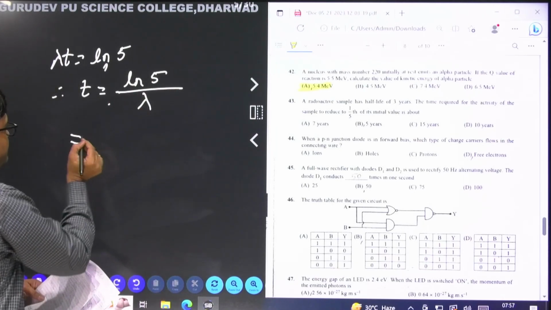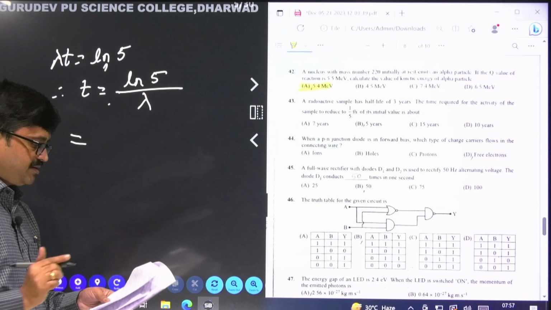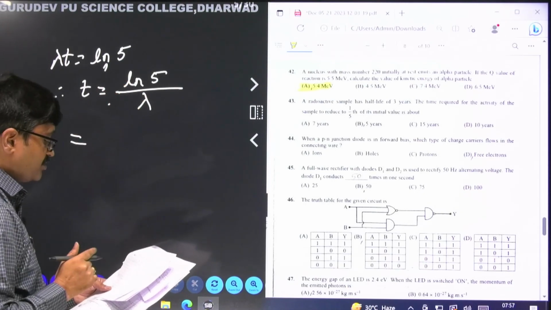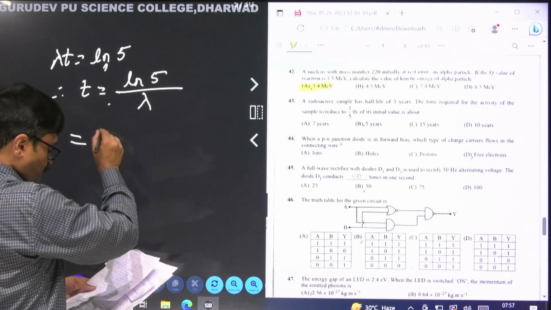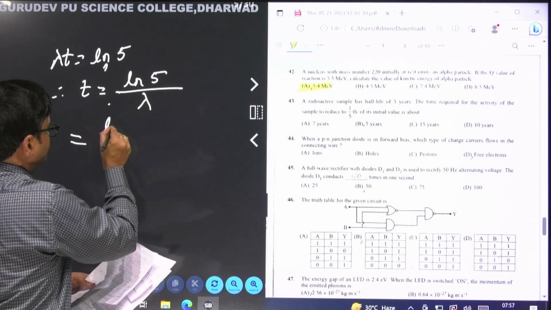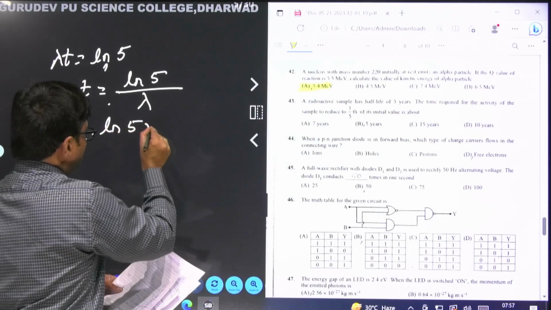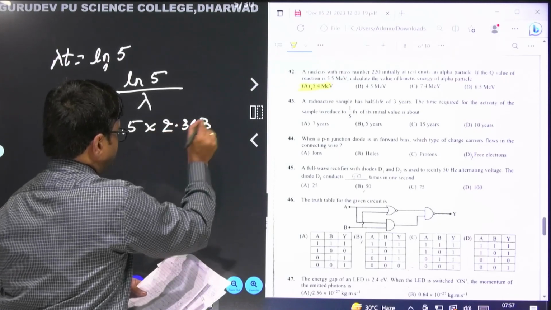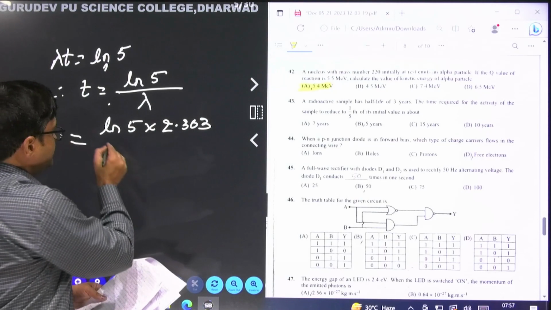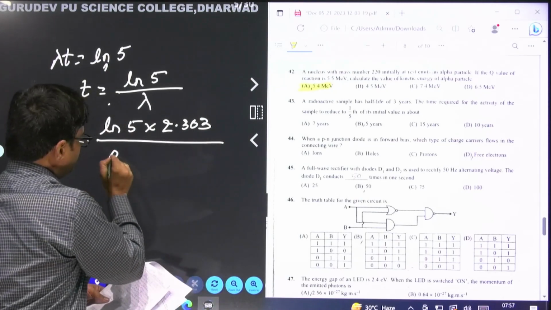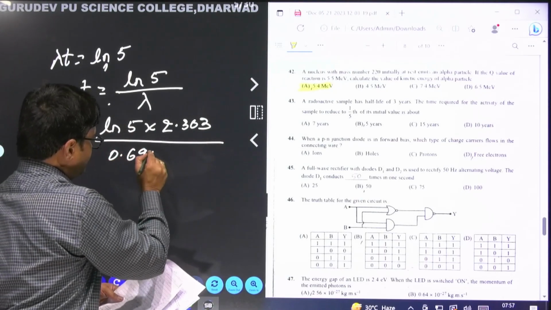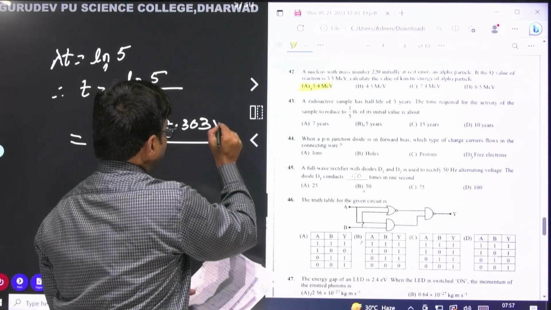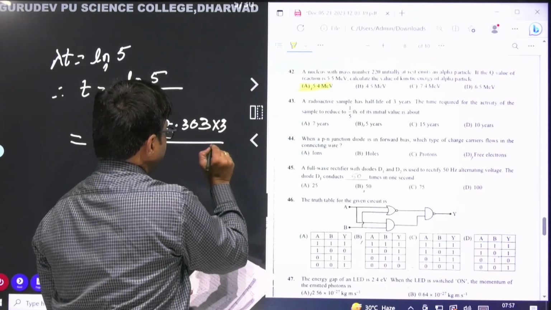Now what is lambda here? Lambda is obviously according to our decay equation. We had found that out. So I'll just mention this as ln of 5 into 2.303, okay, divided by 0.693 into 3, that is t half.